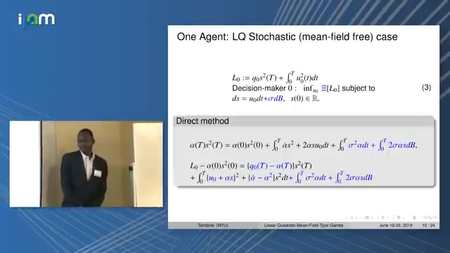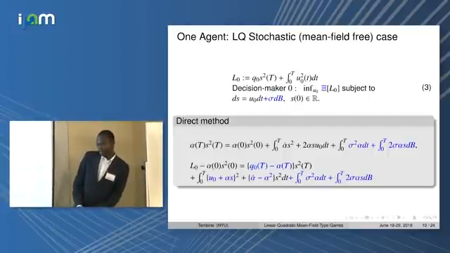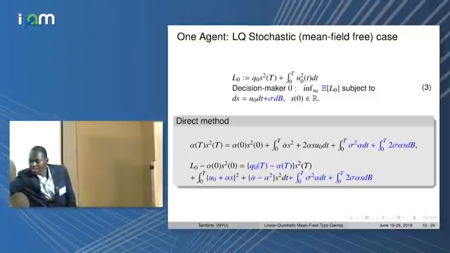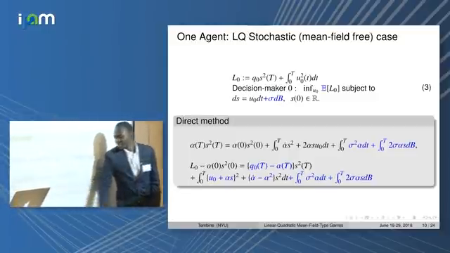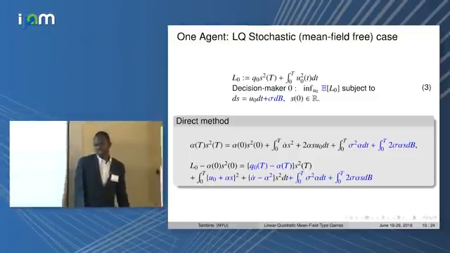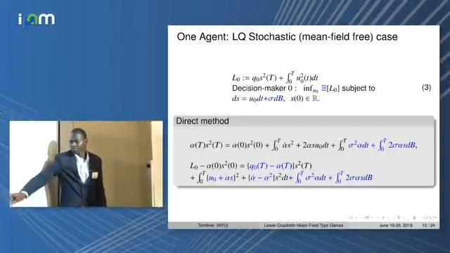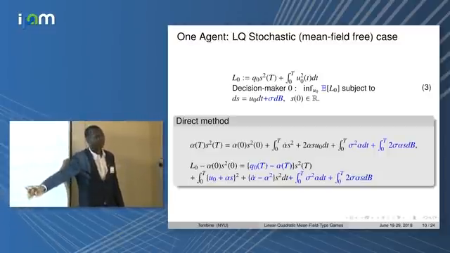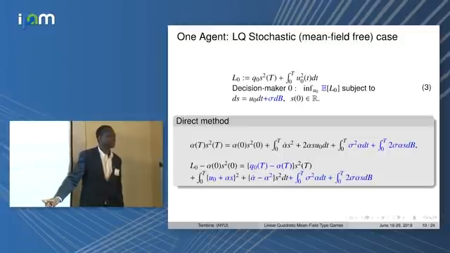Okay? The optimal control is the same as before. The optimal cost has changed because I have this extra term. This is gone because this is martingale stuff.